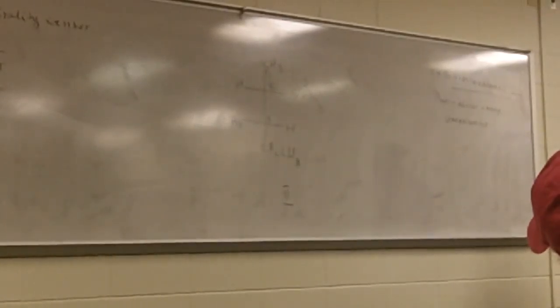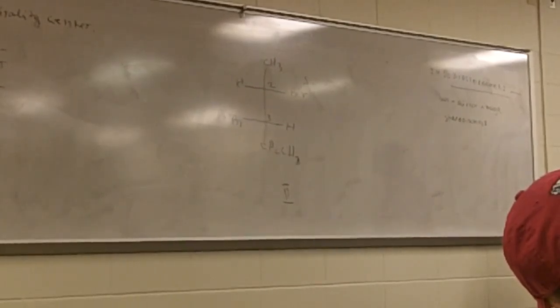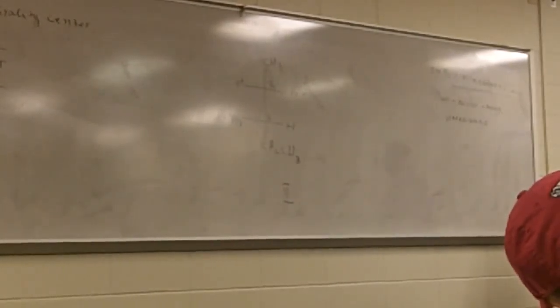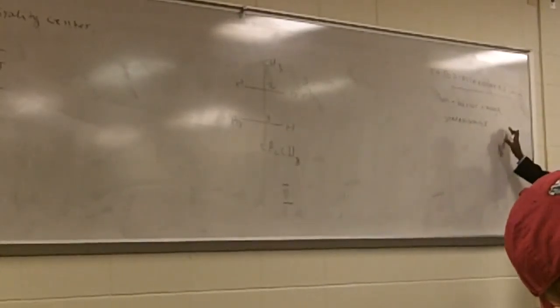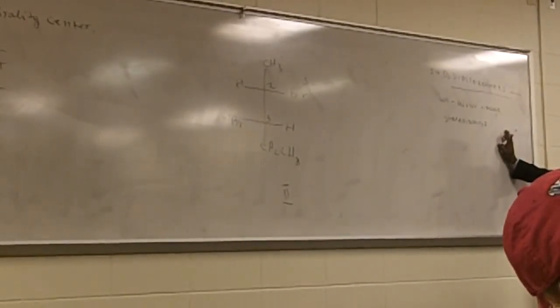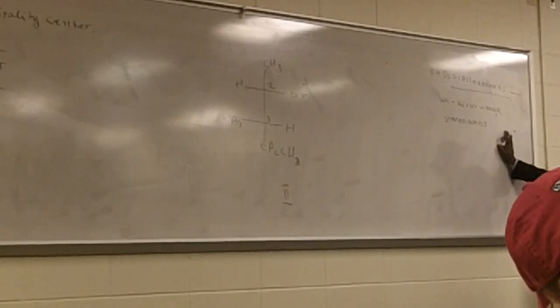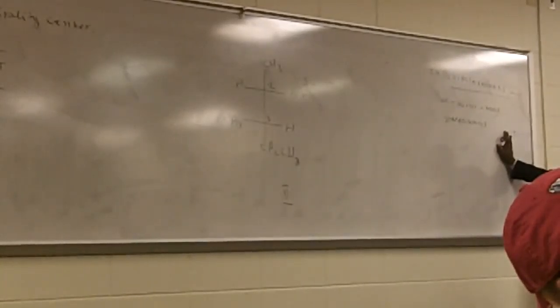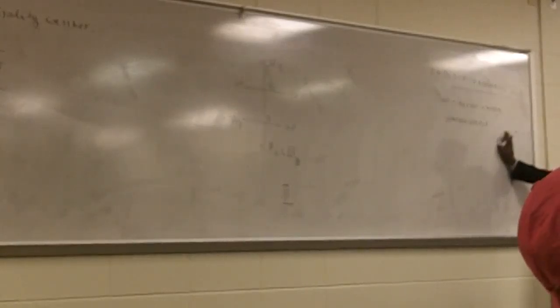Diastereomers, because they are non-mirror image stereoisomers. So it's a very broad definition that I'm giving here for diastereomers: non-mirror image stereoisomers. Sometimes with more than one chiral center, and sometimes there will be no chiral centers.